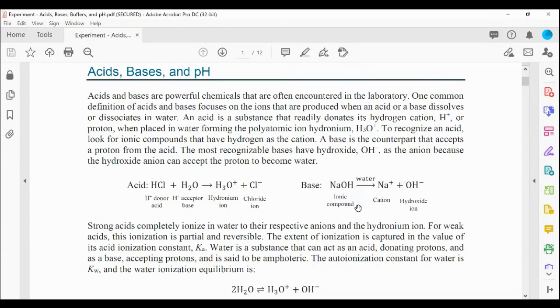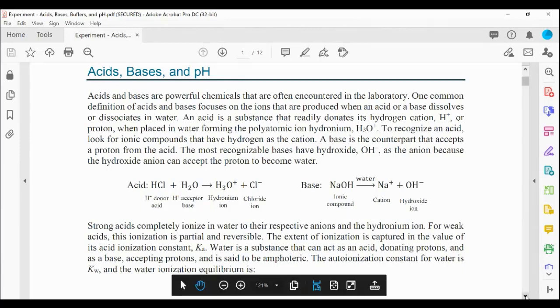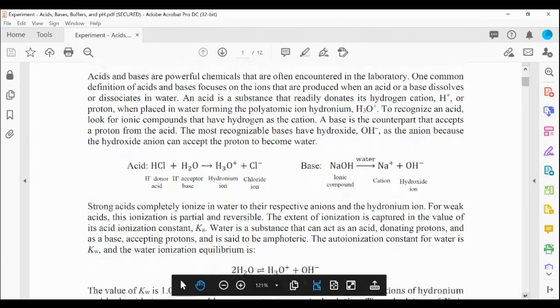And the hydroxide anion that we can see here can accept the proton to become water. So these are the easiest ways. If you see an H plus as the cation, you know it's an acid. And the OH as an anion is an indication that you are in the presence of a base.